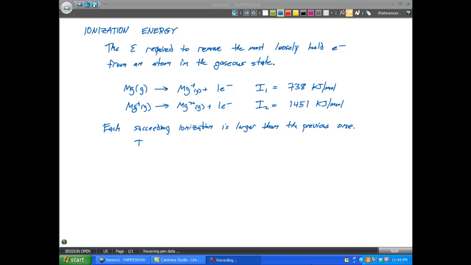So In is going to be greater than In minus 1. And you can see here that when we remove one electron, it takes 738 kilojoules per mole. And to remove that second electron, it jumps up. It almost nearly doubles.